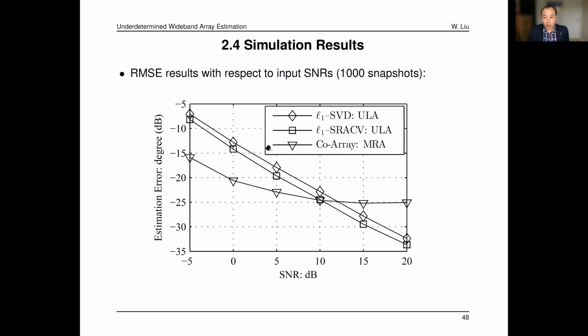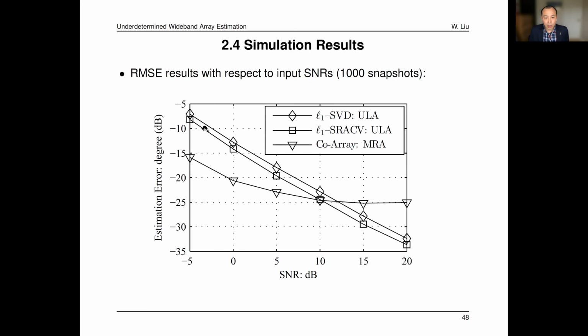Another simulation, with 2 sources, where you compare the methods with 1,000 snapshots and different SNR values, signal-to-noise ratio. You draw these root mean square error results. You find that, because it's overdetermined, all the methods, URA and MRA, they all work, right?